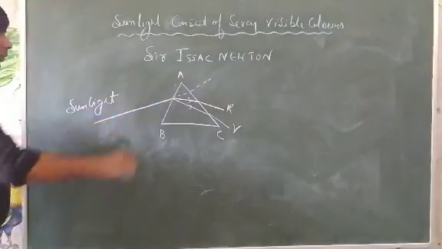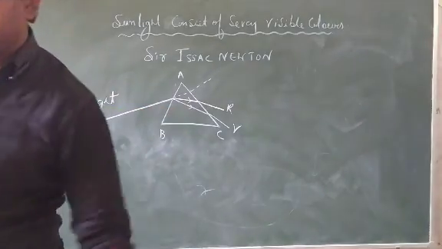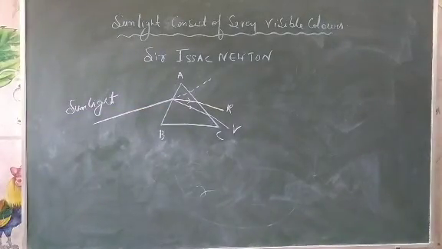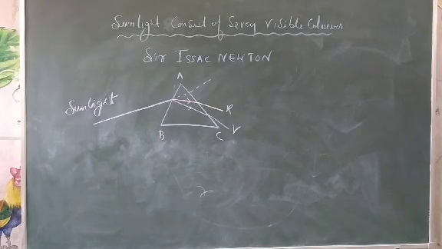So when sunlight passes through the prism, after refraction due to dispersion, there was a band of 7 colors.